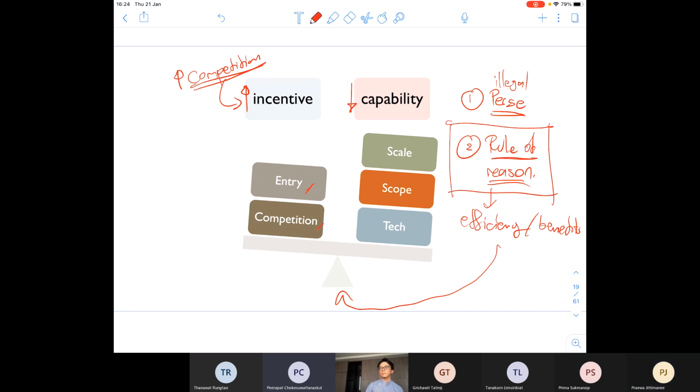Okay. But at the same time, when you push towards this competition, it means that you could harm the potential capability as well, because sometimes firms need to get large in order to be profitable, right? In order to reduce the cost per unit of production.